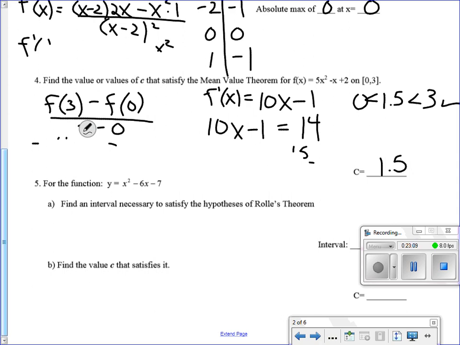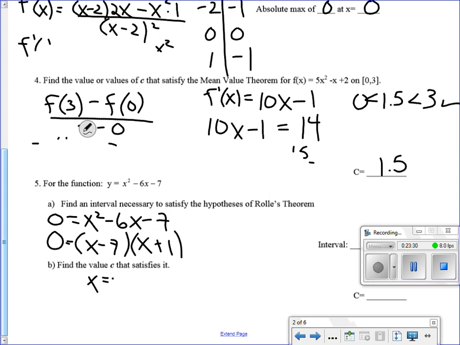So to find the interval for Rolle's, we'll find the roots of the function. So if we put 0 in, we're just looking for two x values that have the same y value, so we're picking 0. And when we factor, we get x equals 7, x equals -1.